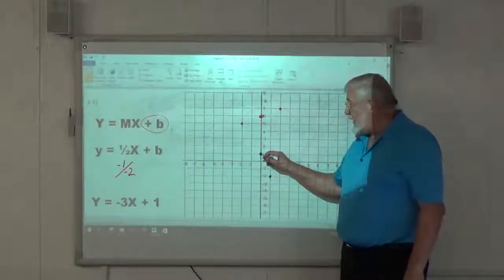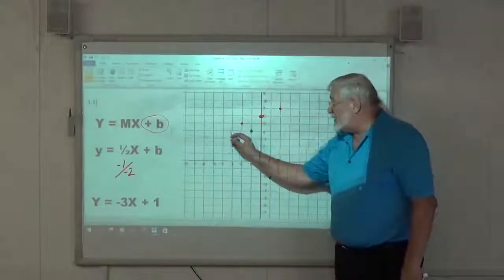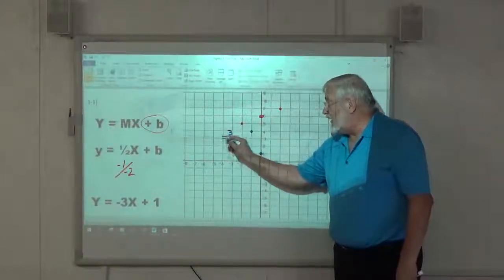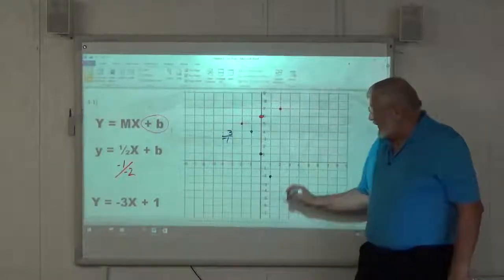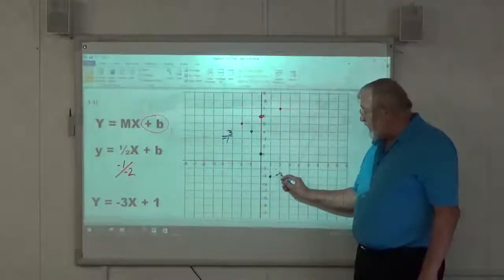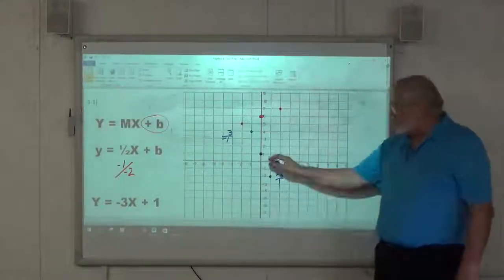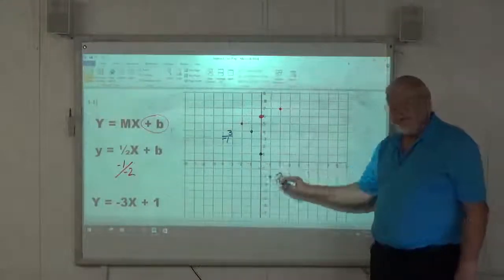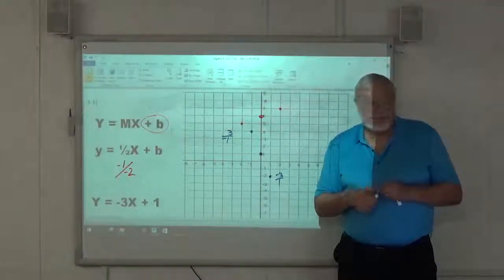Or it's up 3, 1, 2, 3, and back 1, because 3 over -1 is also -3. Right? This is -3 over 1, which is -3. So from this intercept, that's how the line is graphed.